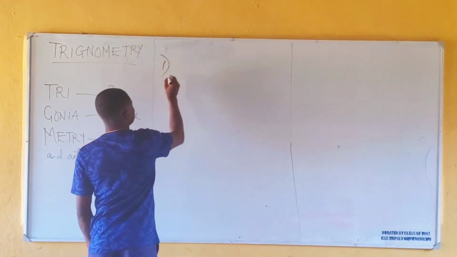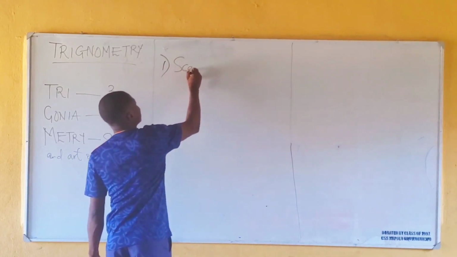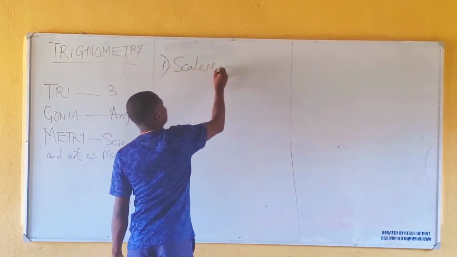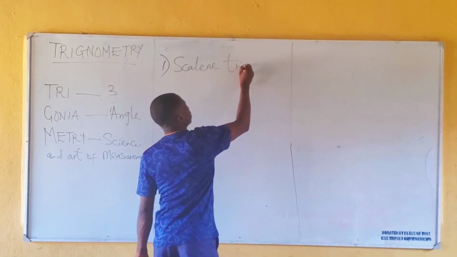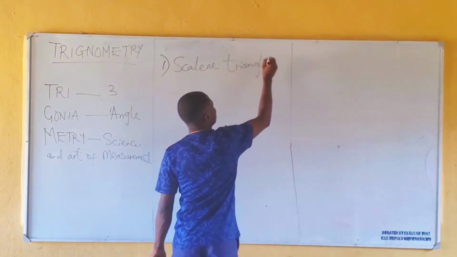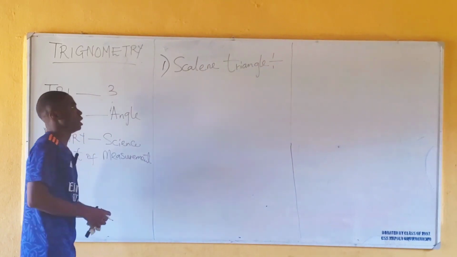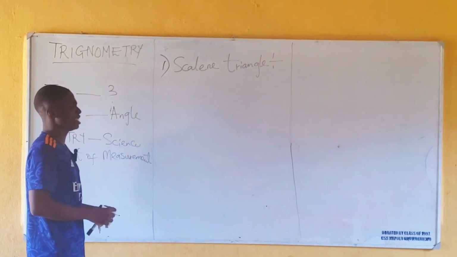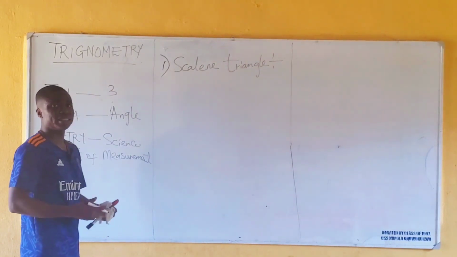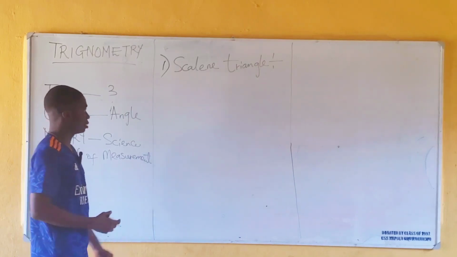We have one, scaling triangle. What then is a scaling triangle? A scaling triangle is a triangle that has three unequal sides.